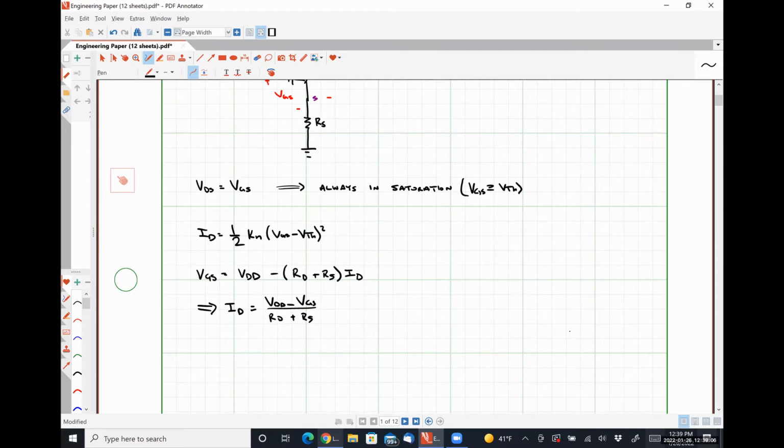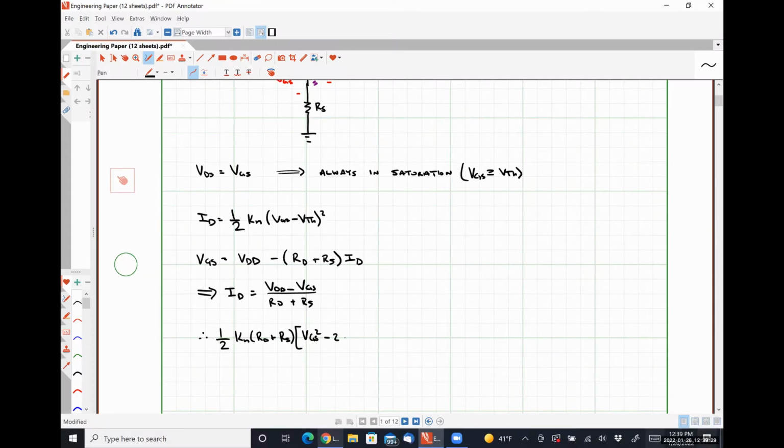And in doing so, we get 1/2 Kn RD plus RS multiplied by VGS squared minus twice VGS VTH plus VTH squared, minus VDD minus VGS is equal to 0.